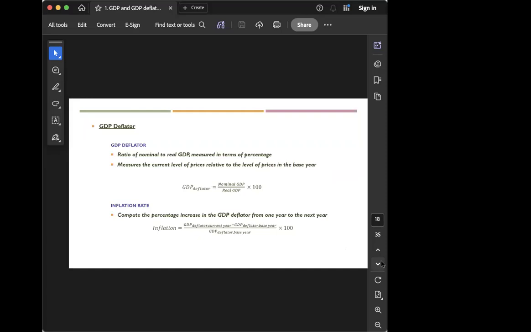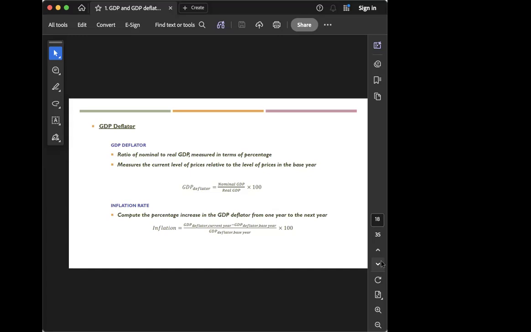Right. Now we're going to talk about the GDP deflator. The GDP deflator is the ratio of nominal GDP to real GDP multiplied by 100. This measures the current level of prices relative to the price level in the base year.